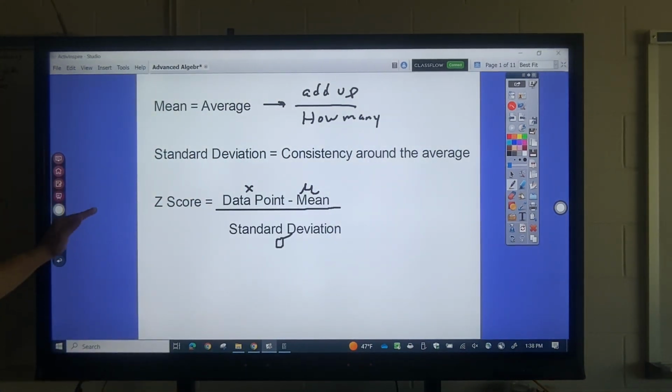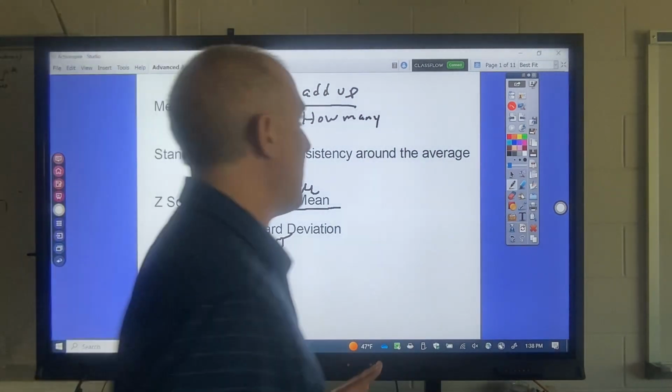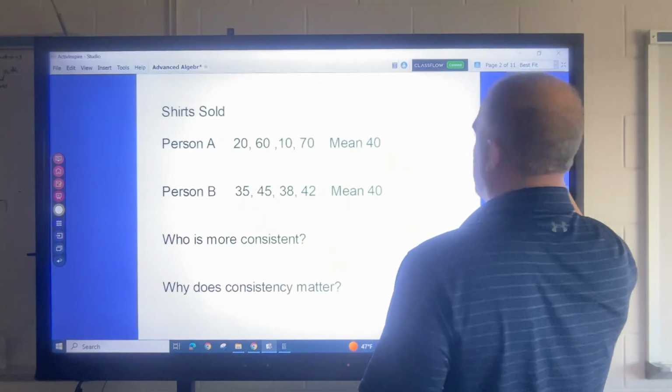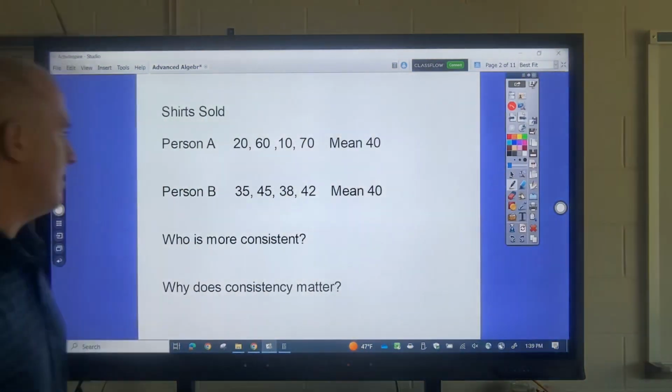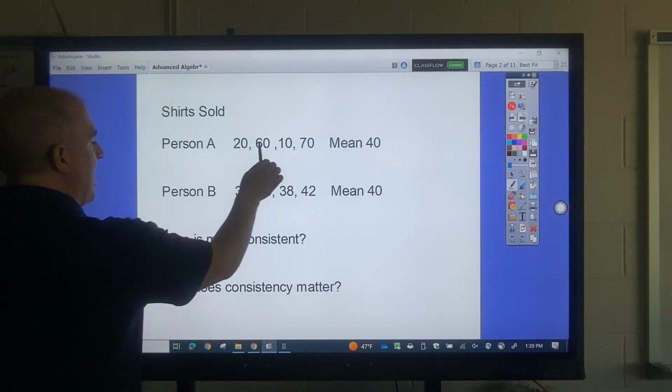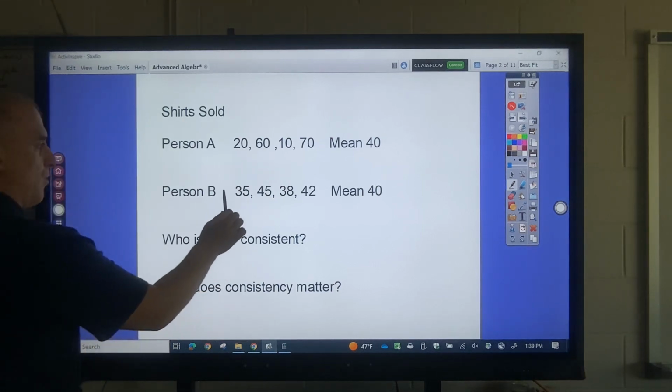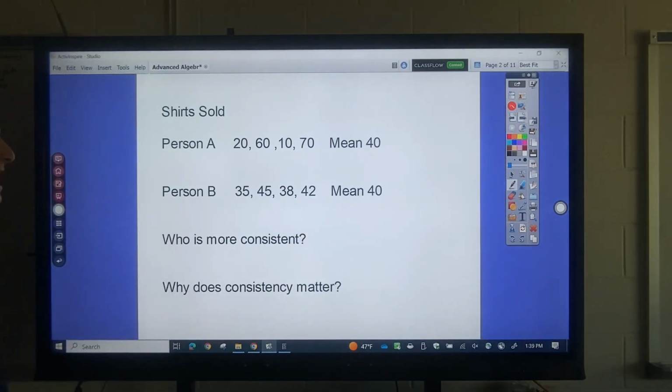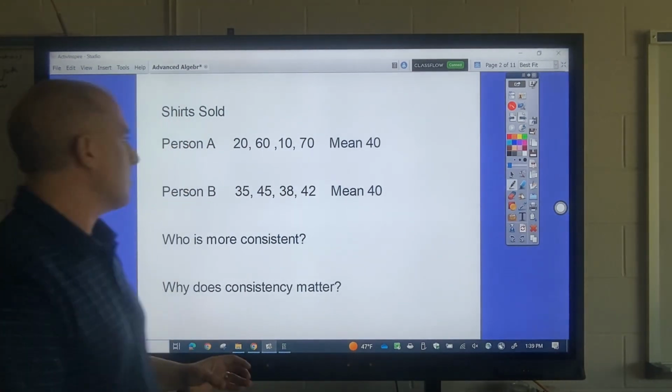Standard deviation is basically how consistent you are around the average. Let me talk about this concept. Let's say you were selling shirts. Both people, if you added these up and divided by 4, you would get the same mean of 40. But who is more consistent?